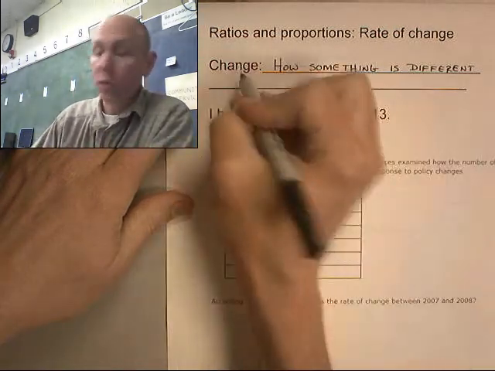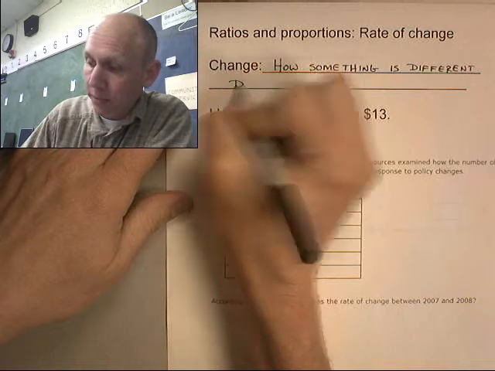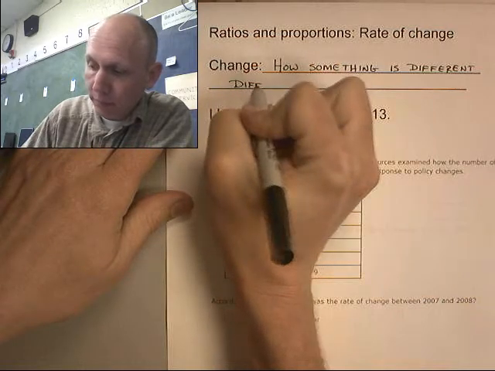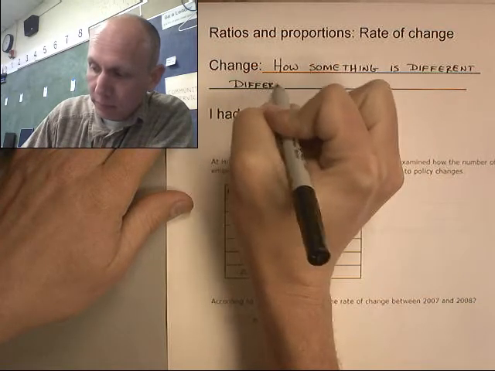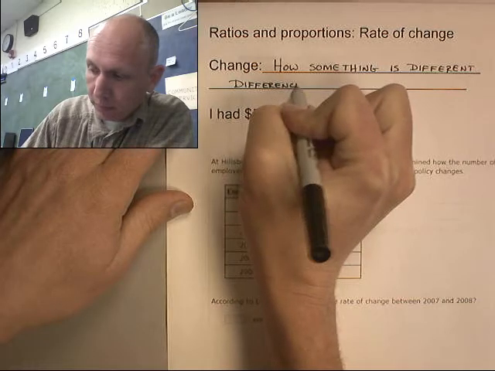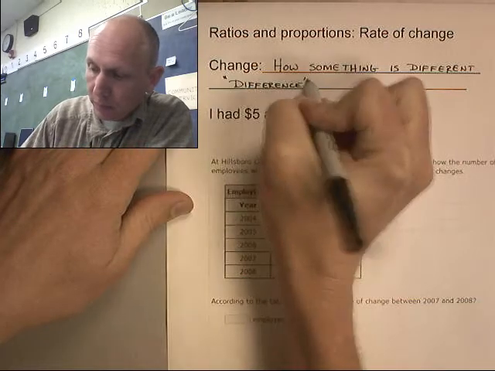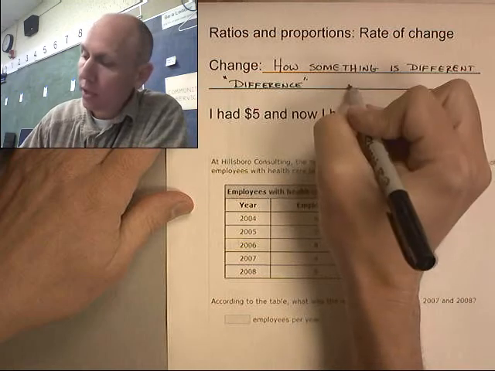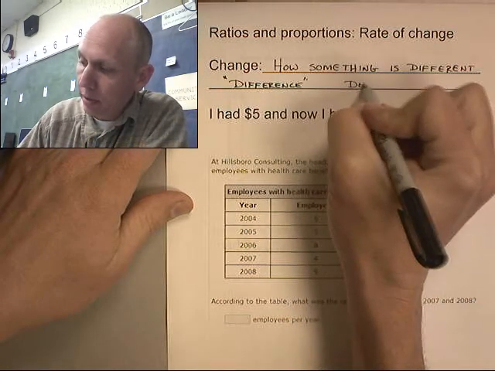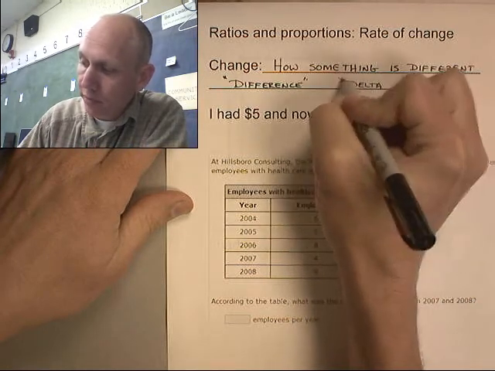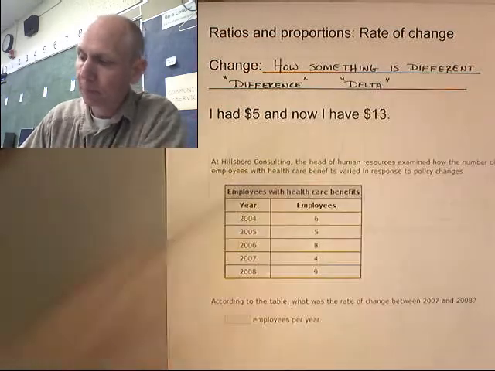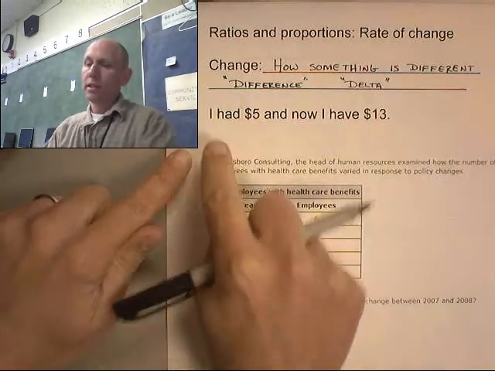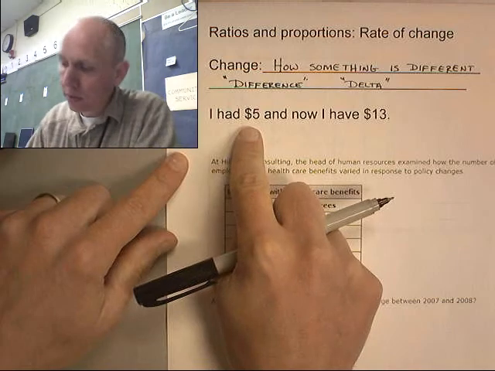And in math, we like to call this the difference. And if you want to get really fancy, it's also called delta sometimes. Delta, the change. So I had $5.